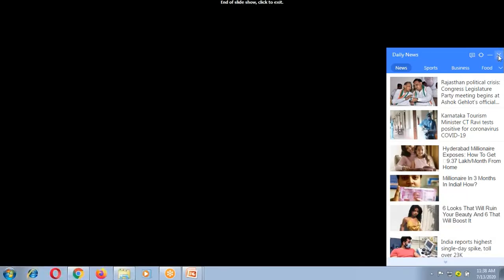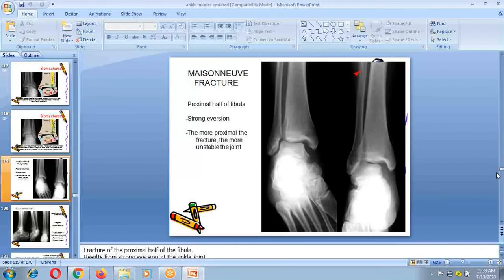And post-traumatic arthritis, yeah, nice. This is the most important complication, post-traumatic arthritis. So you people have to remember all these things. Some of you are following very well, and some of you are not following. So this is about the ankle injuries.